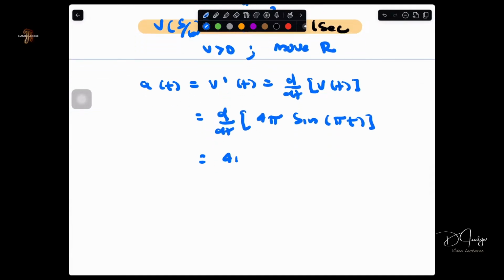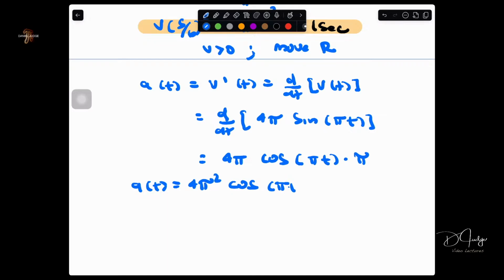Now the derivative of sine is cosine. We pull out the constant. Don't forget by the chain rule, this is times pi. So our acceleration function becomes 4 pi squared cosine pi t now.